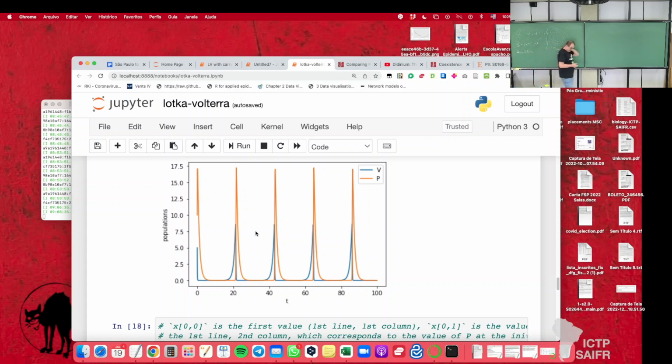And our guideline to modify the equations and to build new models will always be, okay, let's just try to include a new biological fact. Okay?